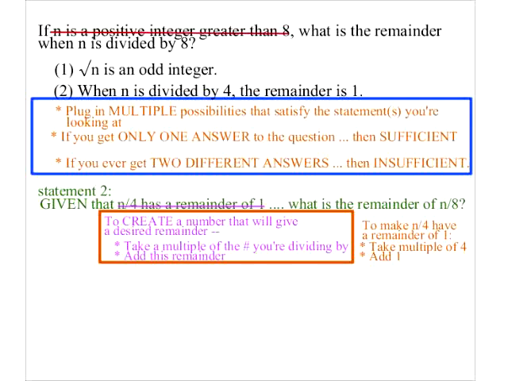So the way we organize this problem is you want to take n's such that n over 4 gives remainder 1, because that's the problem statement. So that's what we got to start with, numbers that satisfy that.